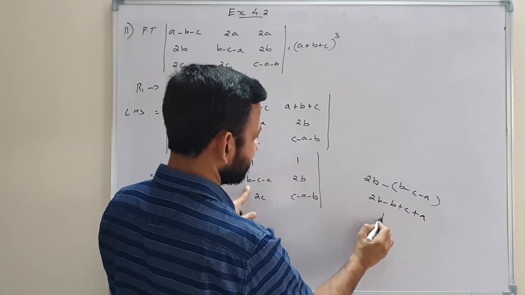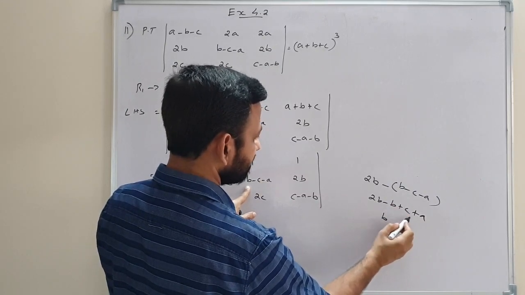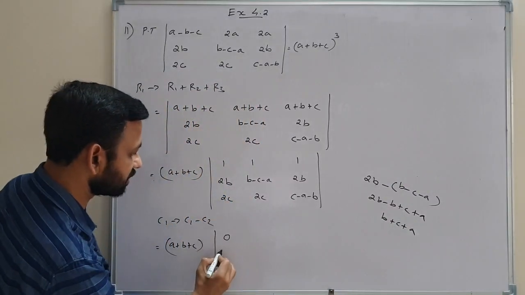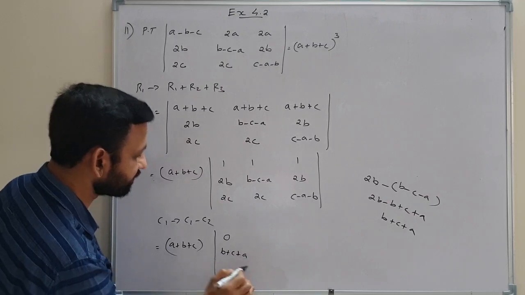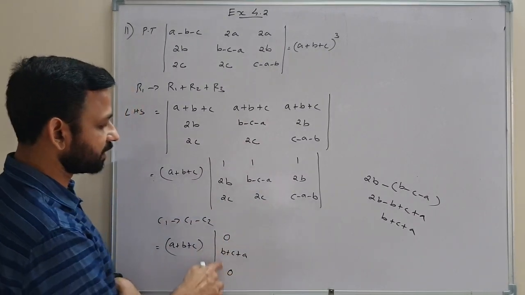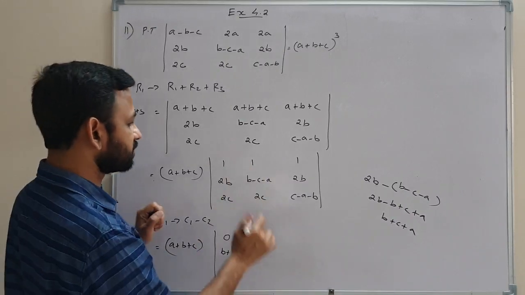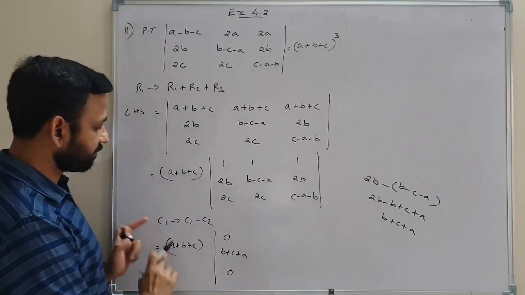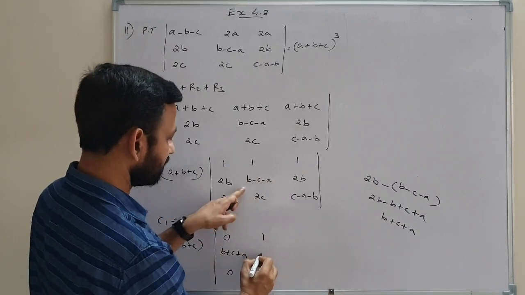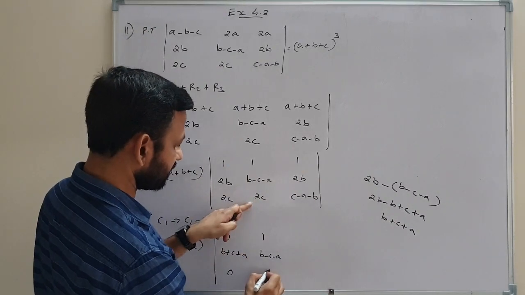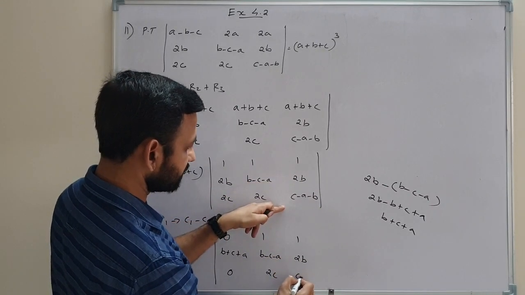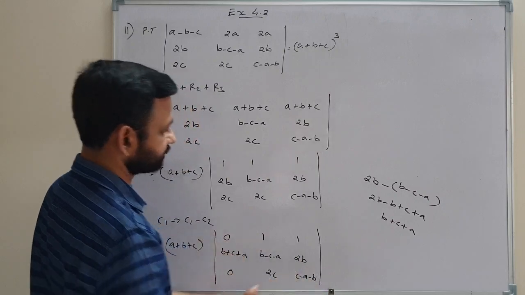So 2b minus b is b, b plus c plus a, that is a plus b plus c. Then 0, because 2c minus 2c is 0. So now we got 2 zeros. The rest of the columns will be the same. We changed only C1; C2 and C3 will be the same: 1, b minus c minus a, 2c, and here 1, 2b, c minus a minus b.